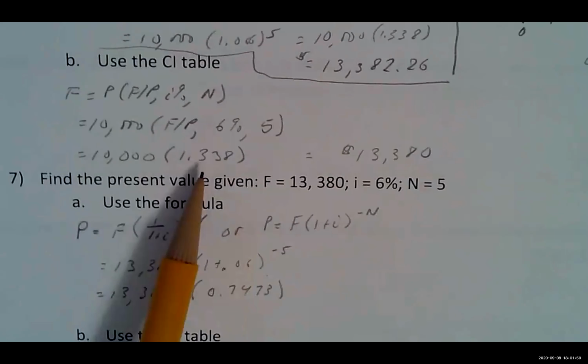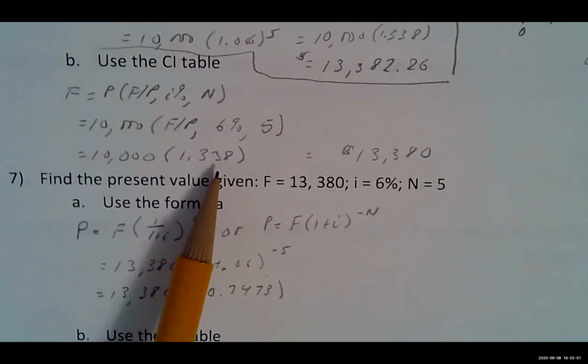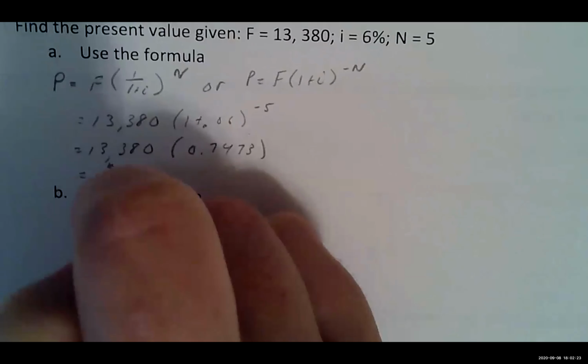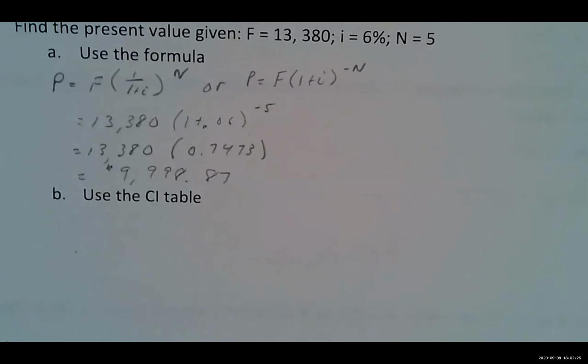Why? Because of the time value of money: if you're given a future value, the present is less. So double check yourself, and you get $9,000.87. Well, what did we start with in problem 6? $10,000, so we're off by $1.13. That's okay. I can live with that.